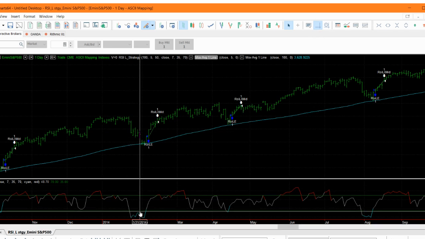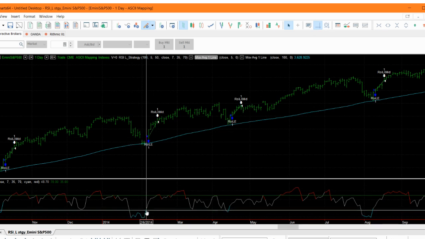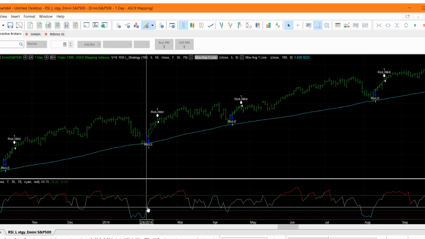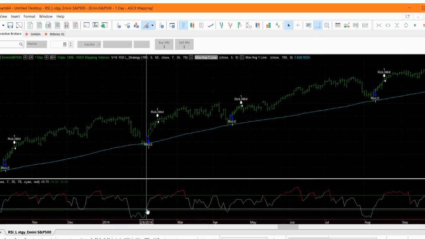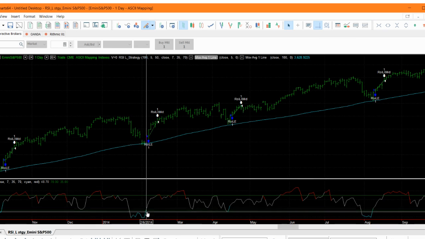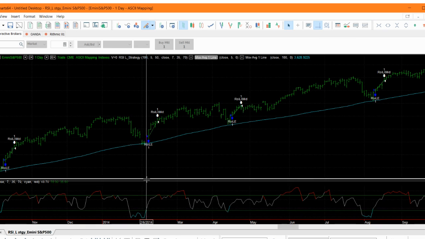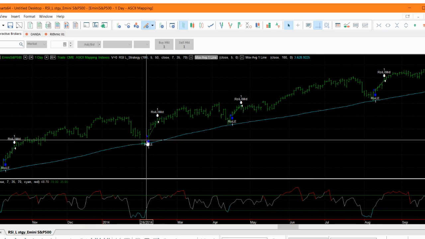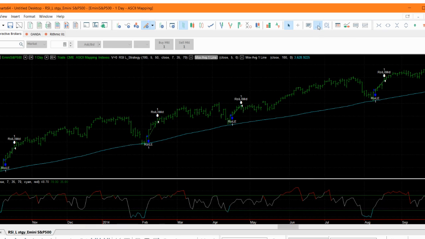I'm just entering when the RSI crosses over oversold. It has crossed over oversold at this place, and the asset price is above the 100-day moving average. I'm entering at market on the next bar, and when RSI hits the overbought criteria, I close my position here.